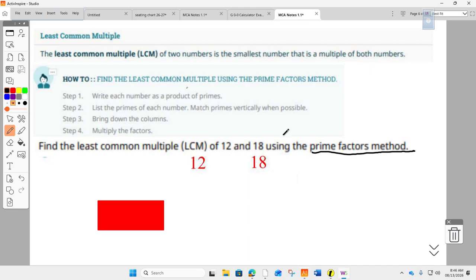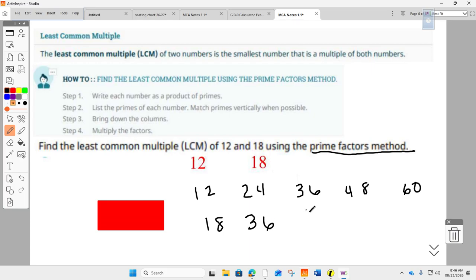So if I list the multiples of 12, 24, 36, 48, 60. I'm going to stop there and see if that's enough, right? Starting with 18 now, I'm going to start writing its multiples. 18, 36, and I can stop at 36.